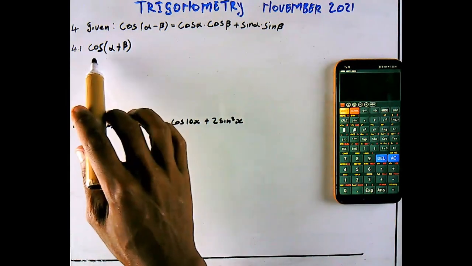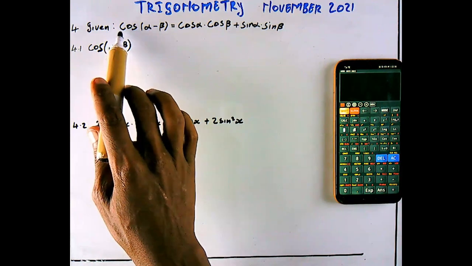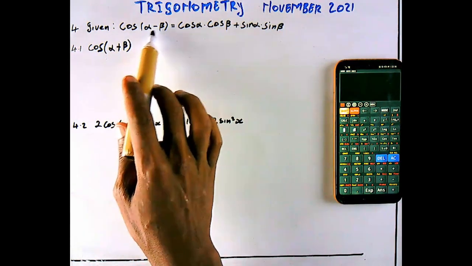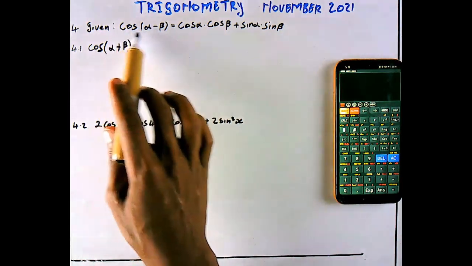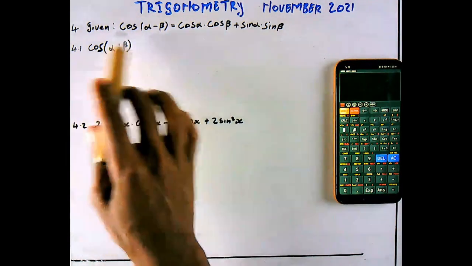For us to be able to derive this one, we have to write it in the form of negative here. We must put negative here so that we can use this identity.